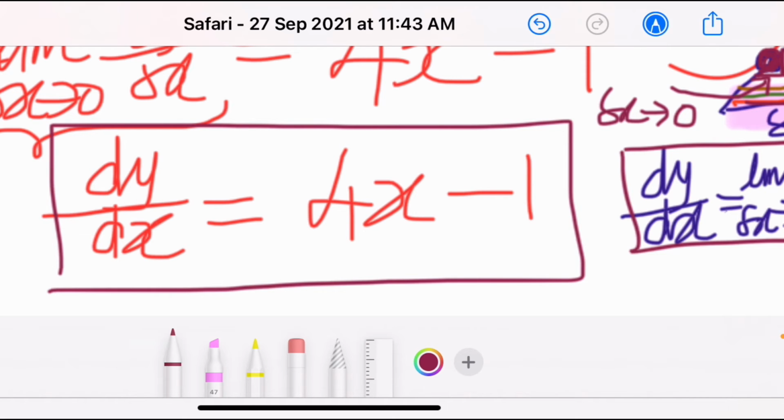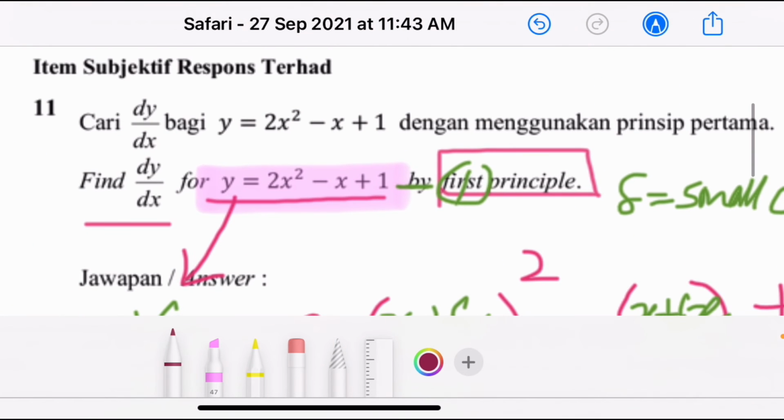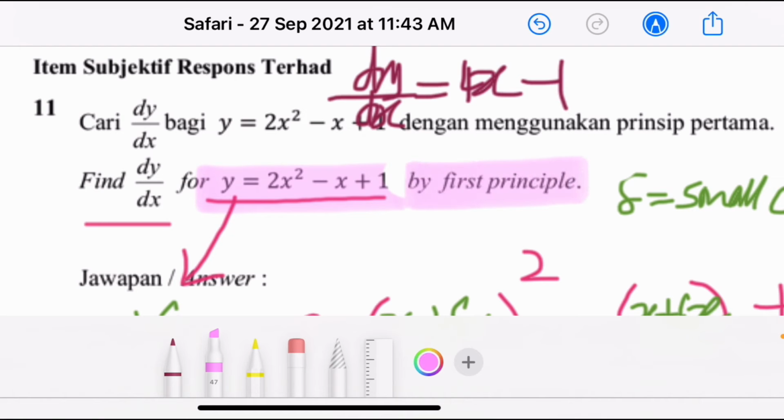So dy/dx is equal to 4x minus 1. If you differentiate directly to get dy/dx equals 4x minus 1, you won't get any marks, because this is not the first principle. It's very important for you to use the first principle.